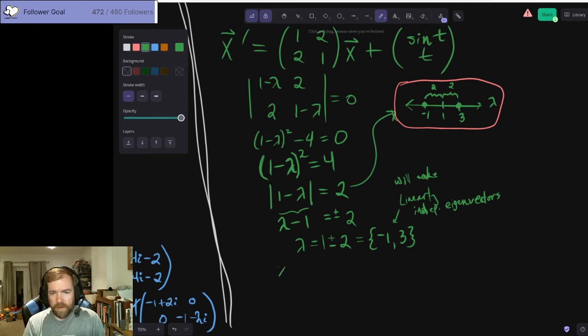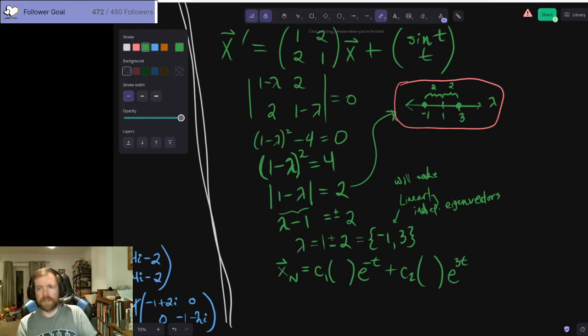So we get our null space solution is going to start with C1 times a vector, which we don't know yet, times e to the -t, plus C2 times an unknown eigenvector times e to the 3t.